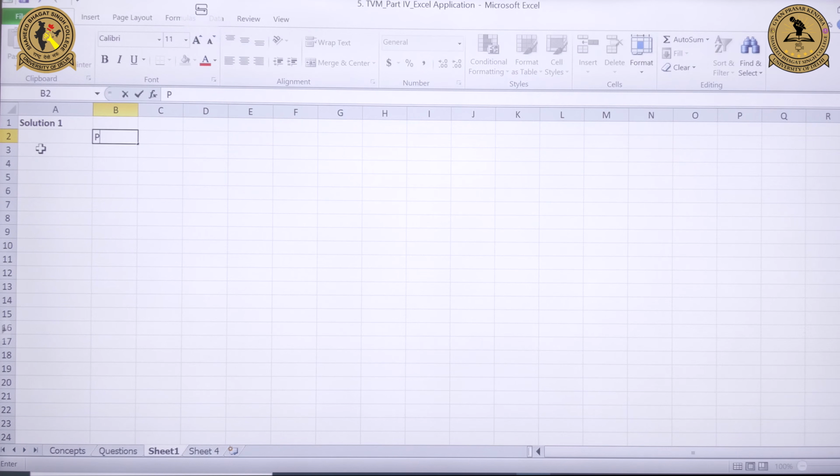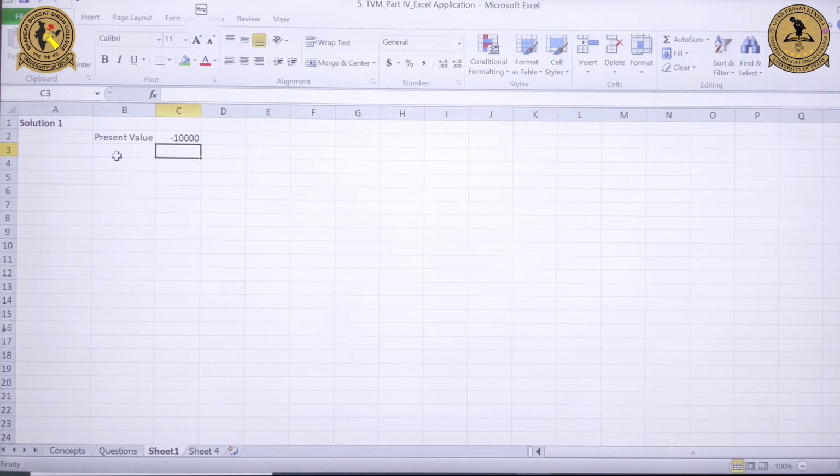In this case, present value is minus 10,000. As I already told you, in order to get a positive future value, we must put a minus sign in front of present value. Also, one thing we should note is that while writing the figure against the present value, we must avoid putting a comma.